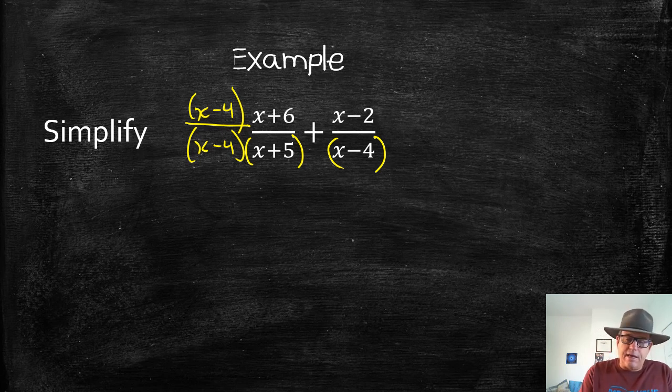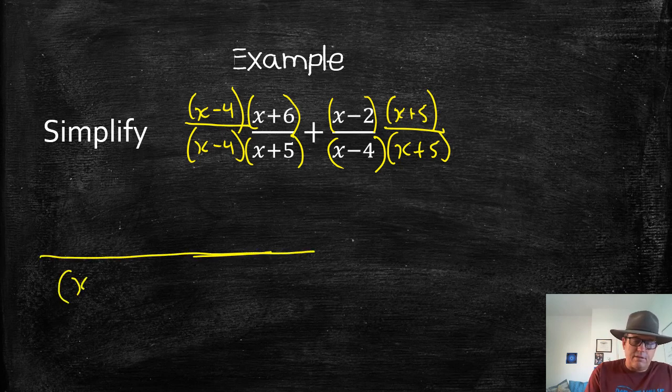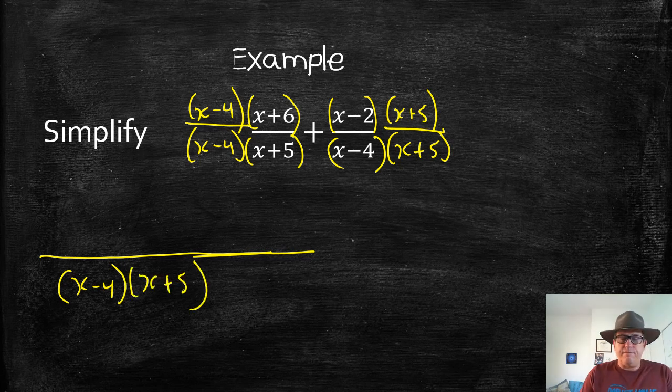And over here, I'm going to put brackets around the top because I need to make sure I'm multiplying the whole thing. So here we go. All right, my denominator is going to be x minus 4 times x plus 5.